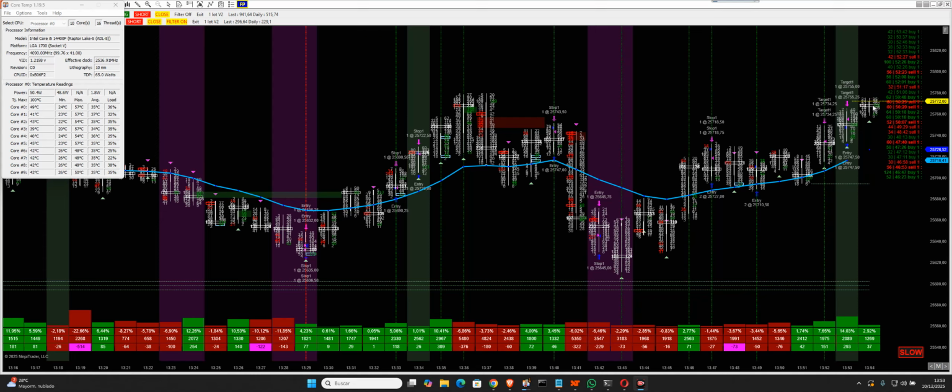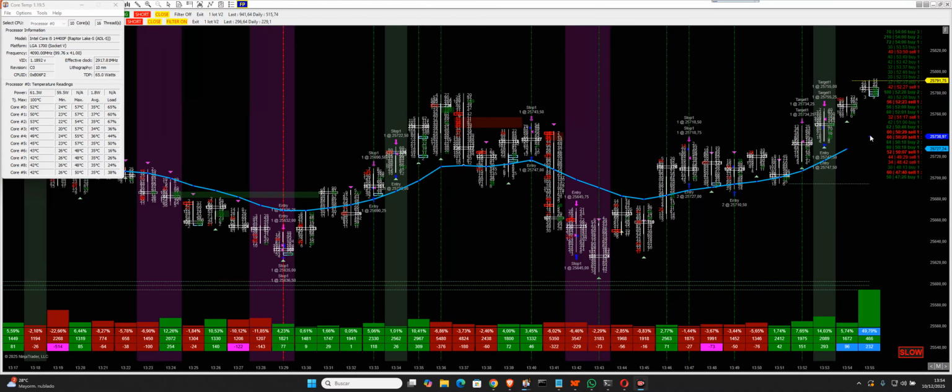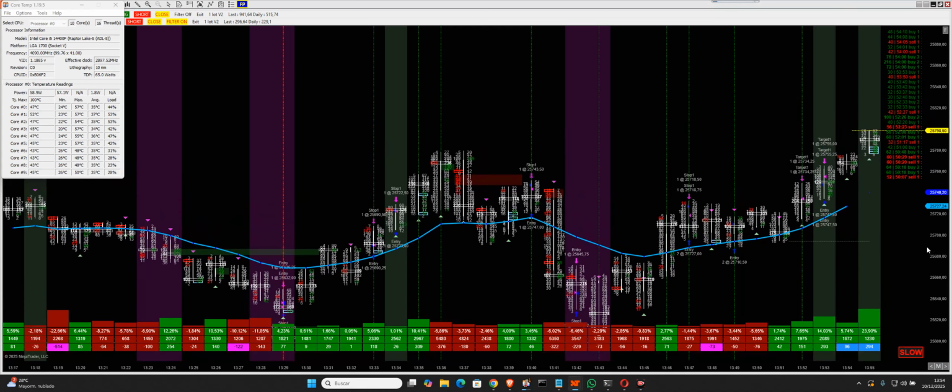Okay, so you can see hundreds and hundreds of contracts on the tape or in the volume ladder, but you can see 300, 400 contracts on the mini. You do the math, 40 times 10, so it's a lot of volume. So it's worth better looking at the mini because the money over here is institutional, so it's stronger.